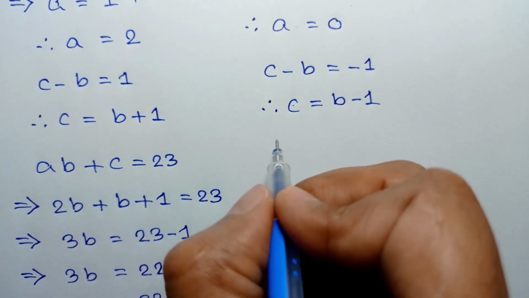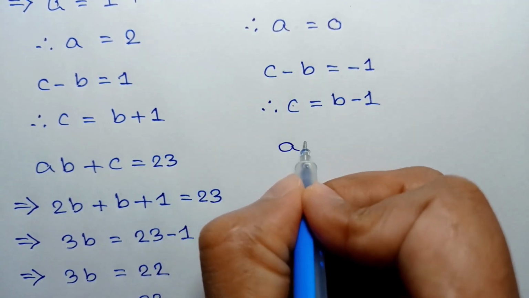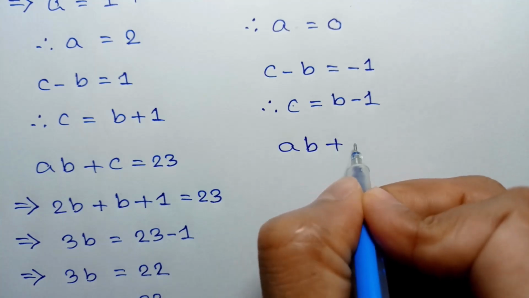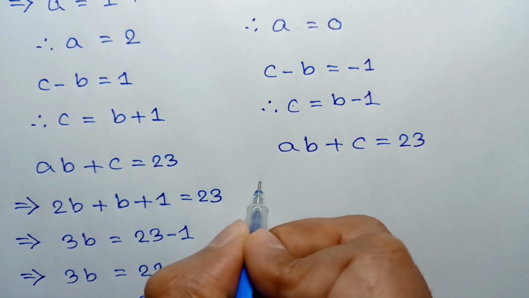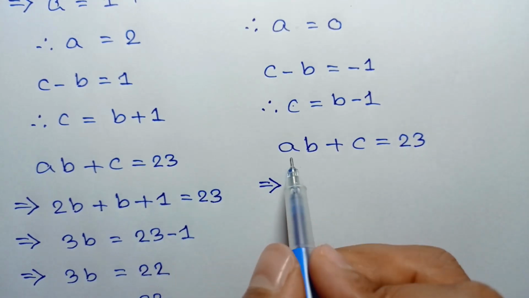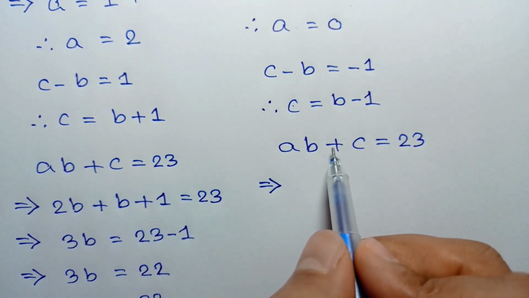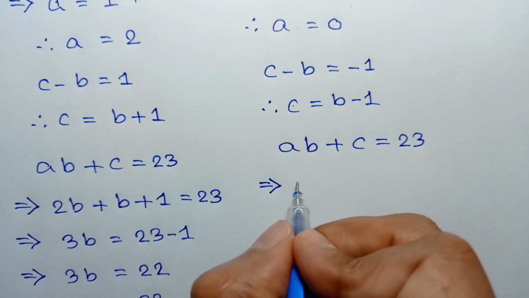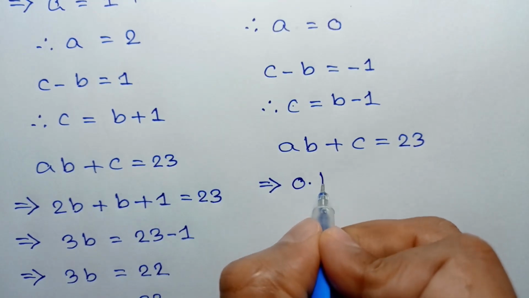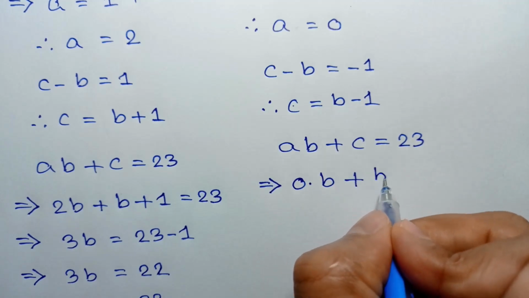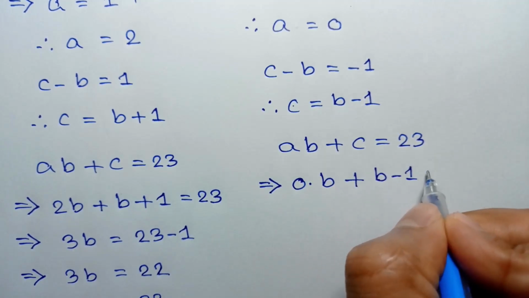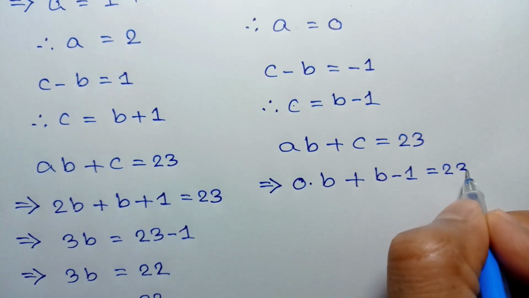Now from equation 1, we have AB plus C is equal to 23. Substituting the value of A and C here, we can write A is equal to 0 times B plus C is equal to B minus 1. So B minus 1 is equal to 23.